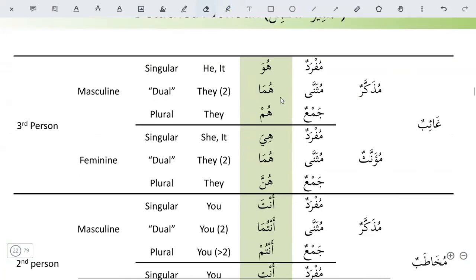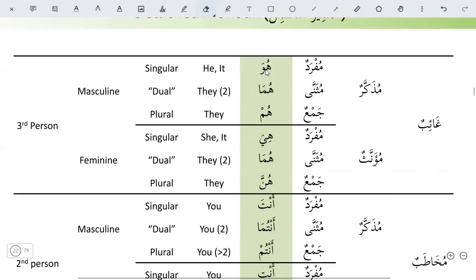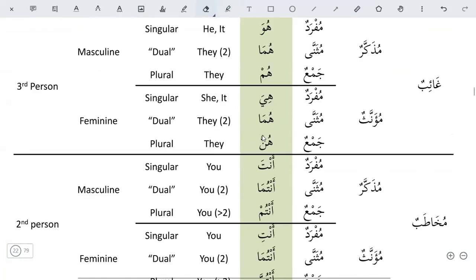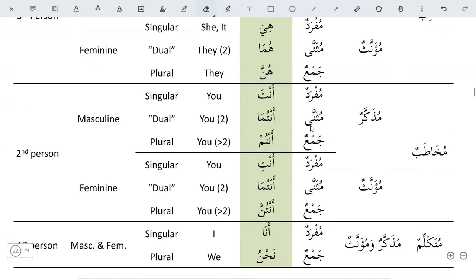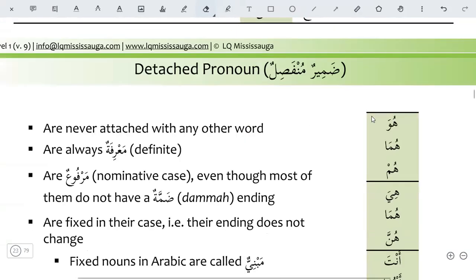So these are the detached pronouns: huwa, he; huma, they two; hum, they; hiya, she; huma, they two; and hunna, they. These are the masculine and feminine. This is not our lesson, you only have to remember this one. I will send it to you.